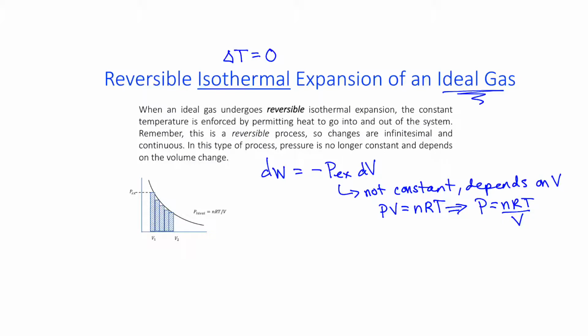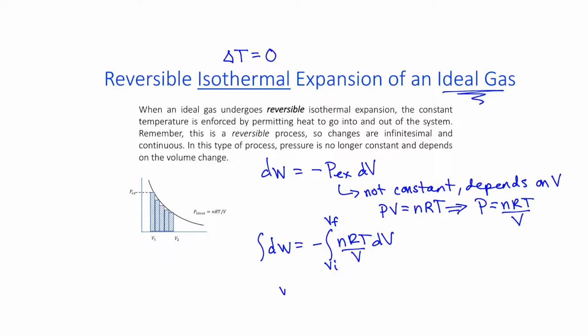Plug that into your expression for work, and we get minus the integral of nRT over V dV from V initial to V final. Then we integrate dW, and you can pull out all your constants.